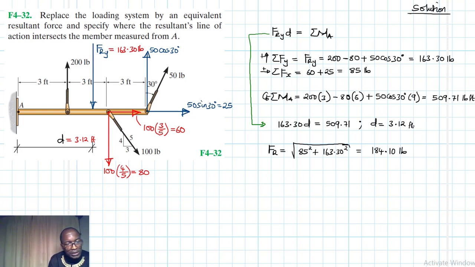I'll draw the first case and then I'll equate it with the other one. Alright, so what we are talking about is this. Let's say we have the first beam like so, and then another beam like so.